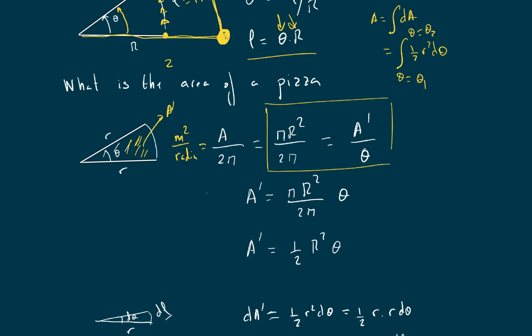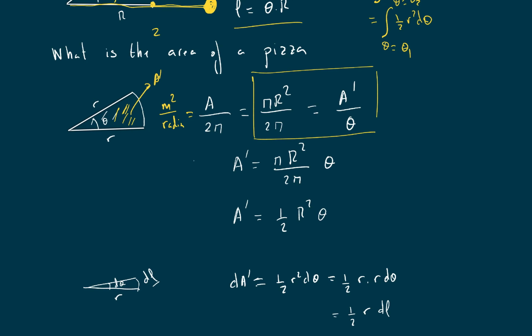Or, if you prefer, instead of r squared, I will place r times r, so the small area, when the angle is a small d theta, is 1/2 r times r d theta. But r times d theta is dl.